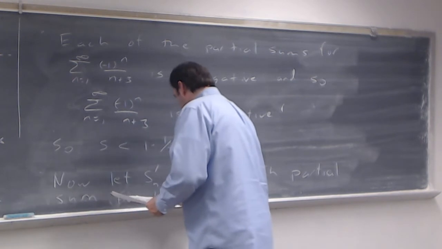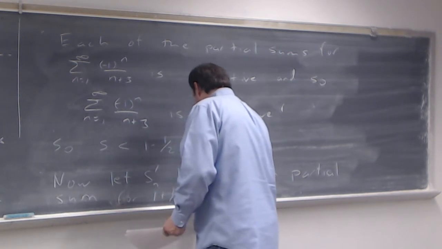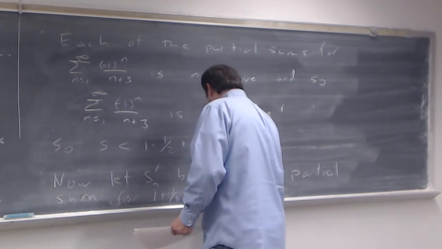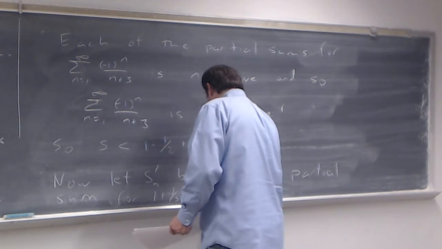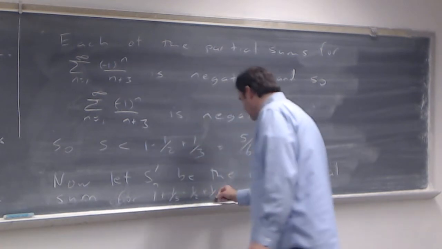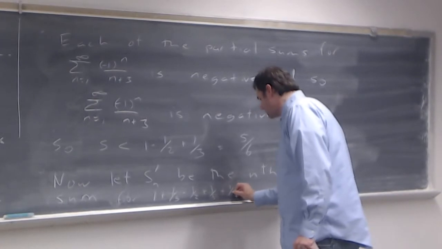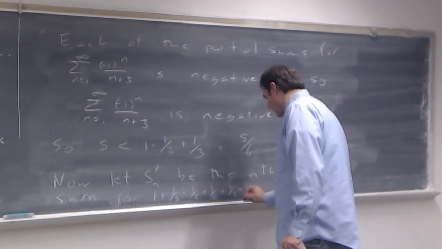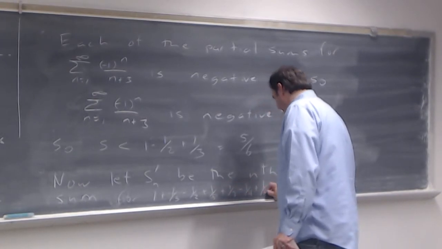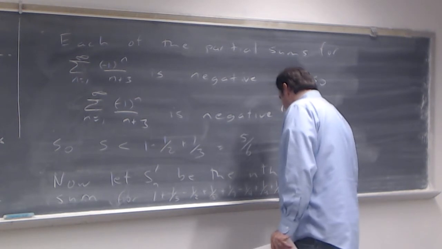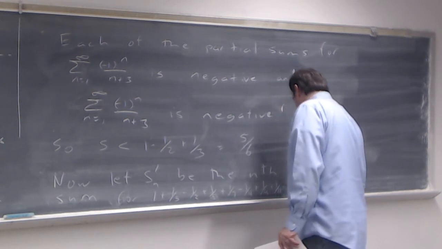It was 1 plus 1/3 minus 1/2 plus 1/5 plus 1/7 minus 1/4 plus 1/9 plus 1/11 minus 1/6 plus and so forth.